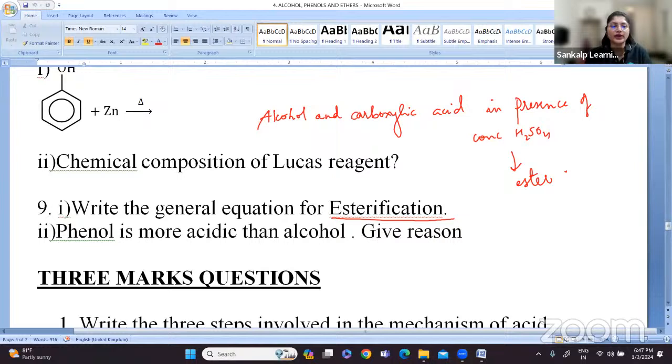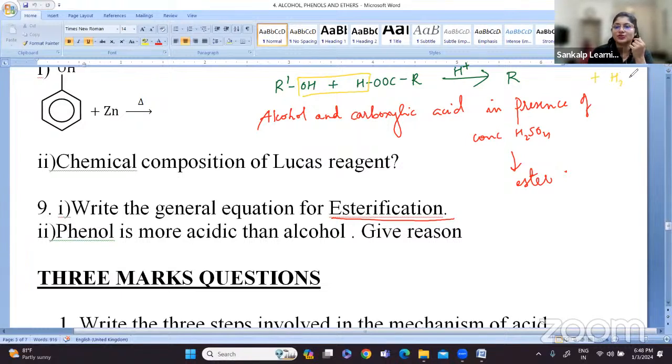Now, how do you write the general equation? Alcohol is ROH plus carboxylic acid, R'COOH, in the presence of H plus. They have asked in the presence of H plus. You get R'COOR plus H2O.